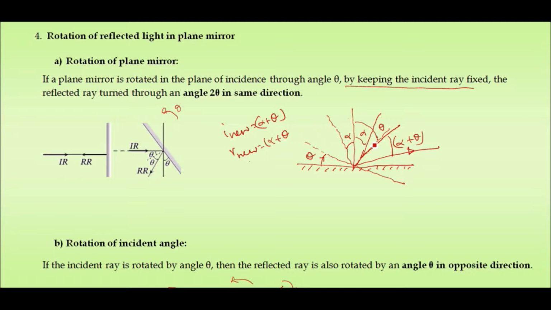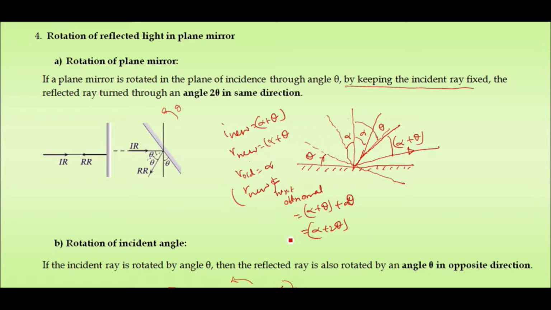So the new reflected light ray is making a net angle, earlier it was making an angle alpha, so R old is equal to alpha and R new is equal to alpha plus theta with respect to its new normal line. So with respect to the old normal line, it is equal to alpha plus 2 theta.